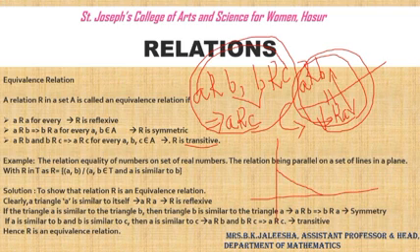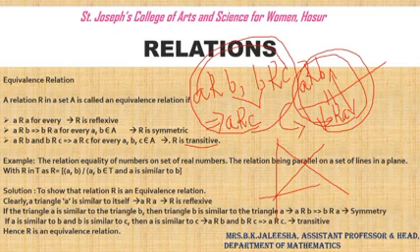Set of lines. Here one line, this, again one line, this line. On seeing these lines, what shapes are we getting here?